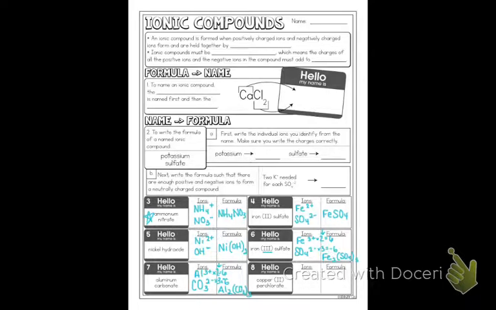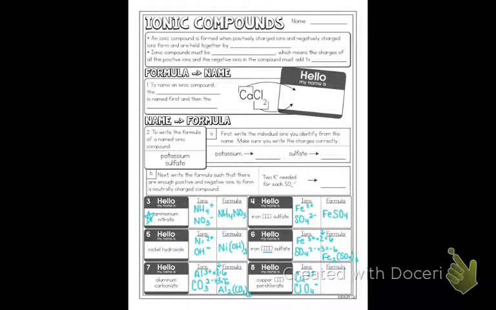And the last one is copper 2 perchlorate. Here's one of those chlorates, per meaning I have an extra oxygen on the chlorate, copper 2 meaning that I have a copper 2 ion, so plus 2 is the charge. Perchlorate is ClO4 with a minus 1 charge.